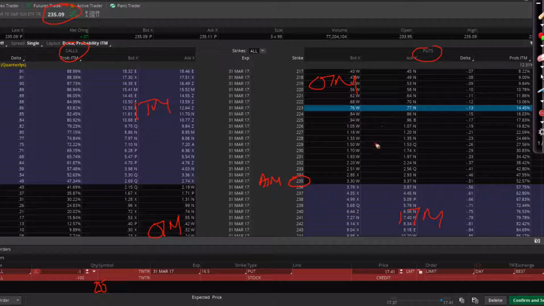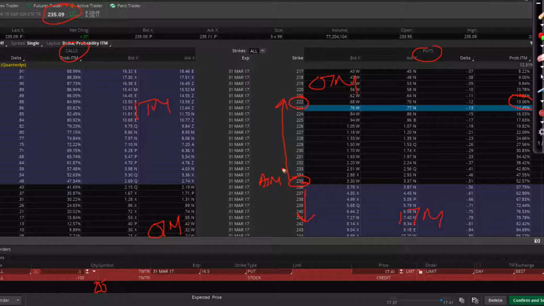Well, let's look at the put side. If you remember, in the money means it is above the current at the money strike price. So what this is essentially saying is this option right here, this 13% option, is 222. What this is quantifying is that there is a 13% chance that this at the money line will move from here to here.